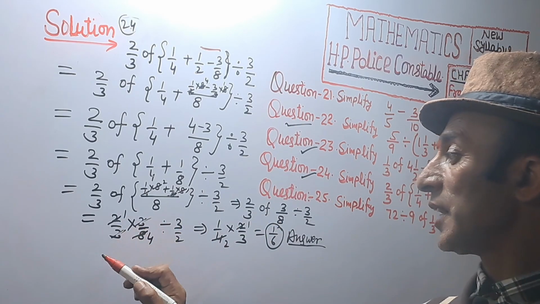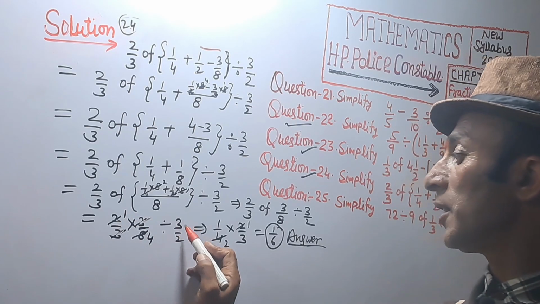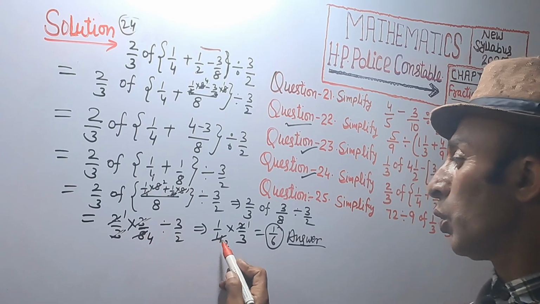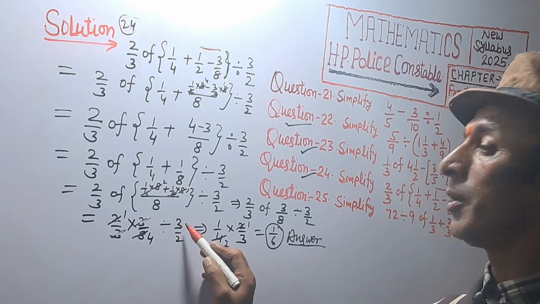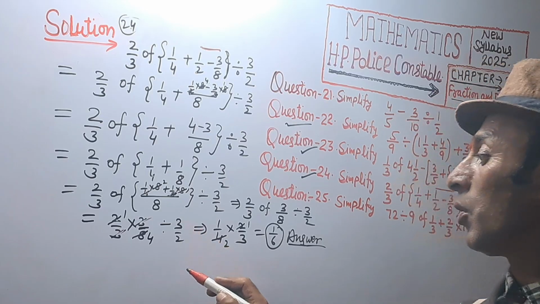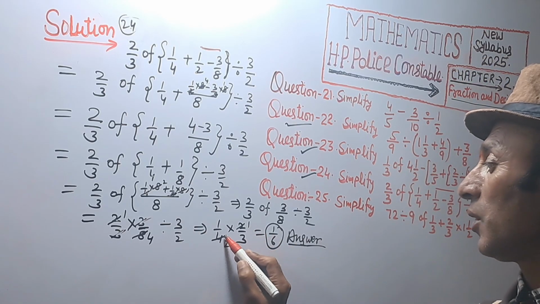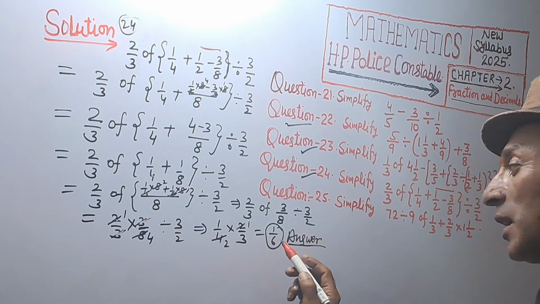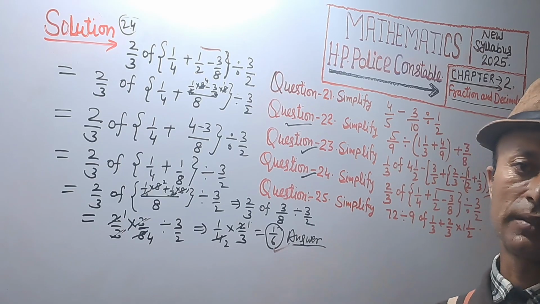So 3 is cancelled, 2 1s are 2 and 2 4s are 8 divided by 3 upon 2. 1 upon 4 divide change in multiply, so reciprocal will be 2 upon 3. 3 upon 2 change in 2 upon 3, and 2 1s are 2, 2 2s are 4. So we get answer is 1 upon 6.